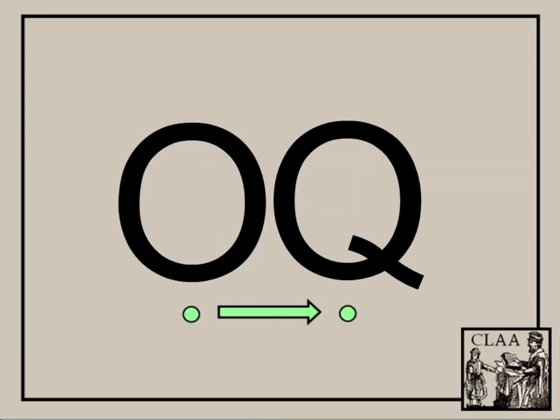And now we'll begin with the vowel O and end with the consonant Q. Point to the green dot under the vowel O and we'll begin. Ok, ok, ok.